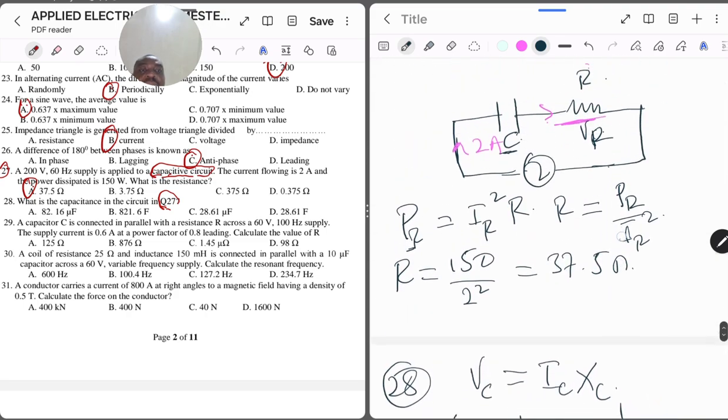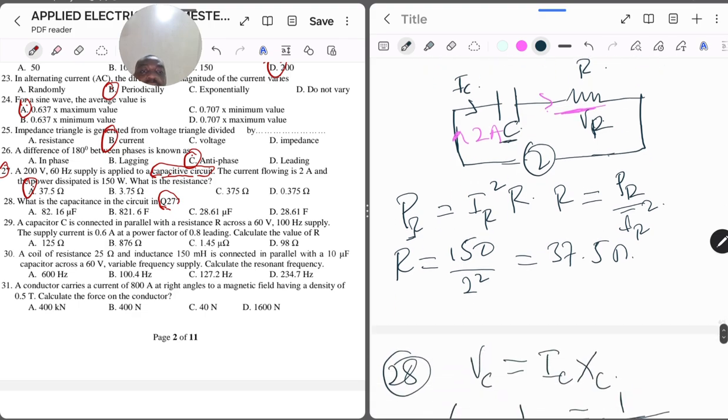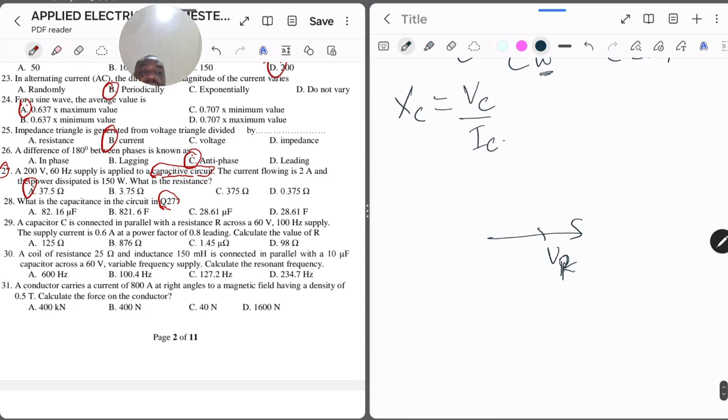Now when it comes to the capacitor, the current IC, I have 90 degrees here. IR equals IC. So we have this to be our VC.